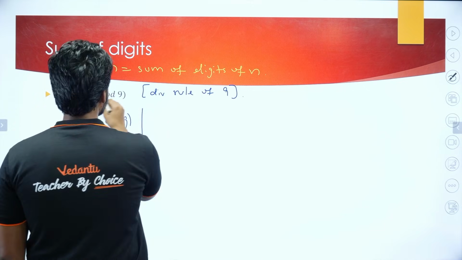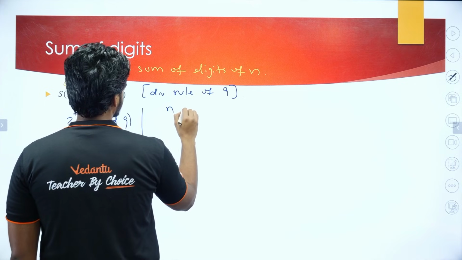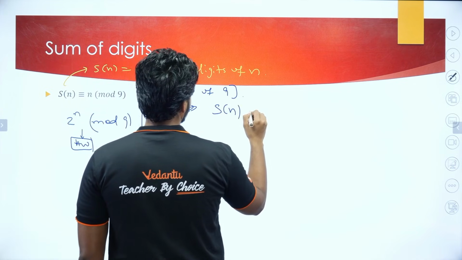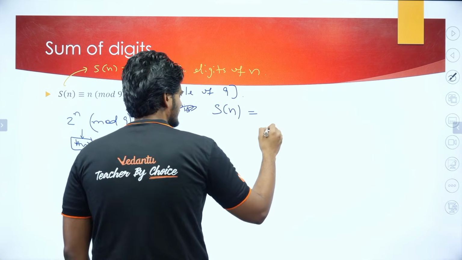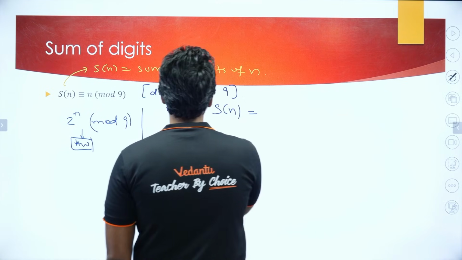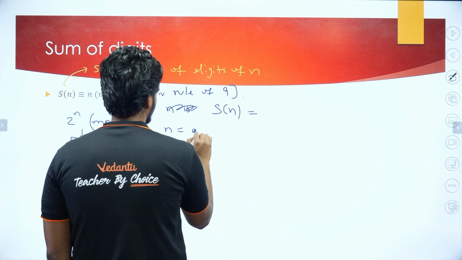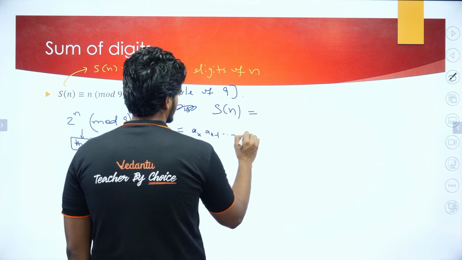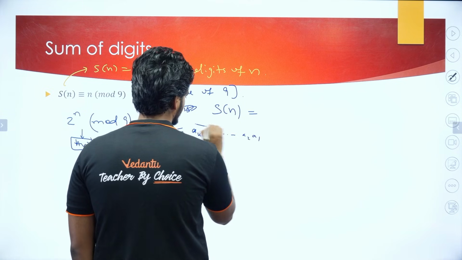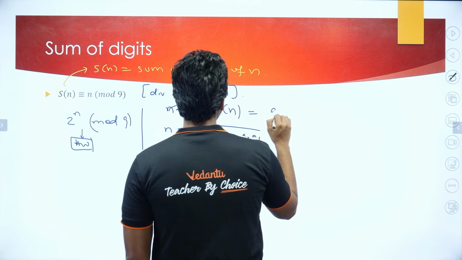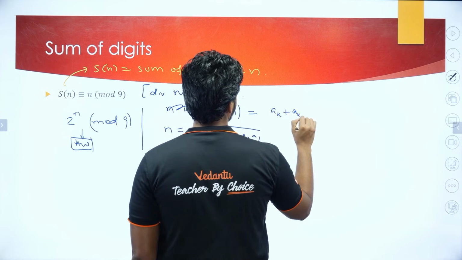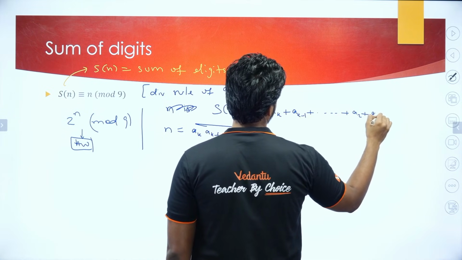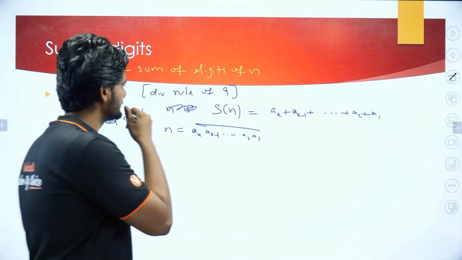Now, why is this true? If n is equal to ak, ak minus 1, dot dot dot a2 a1, then Sn is simply ak plus ak minus 1 plus dot dot dot plus a2 plus a1, right.